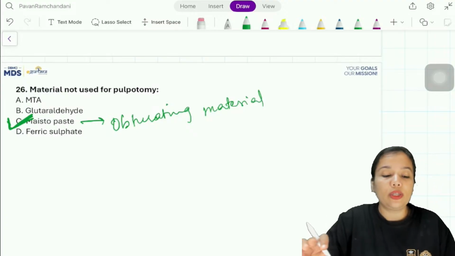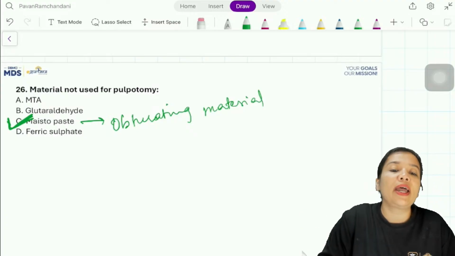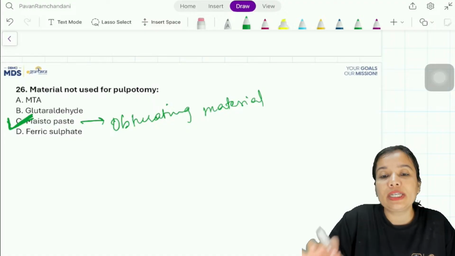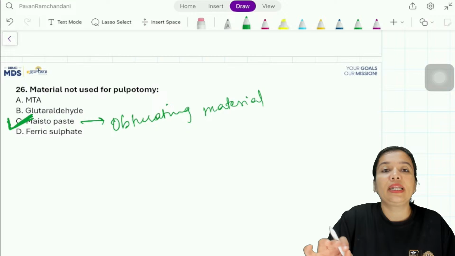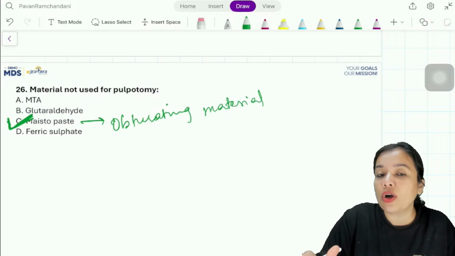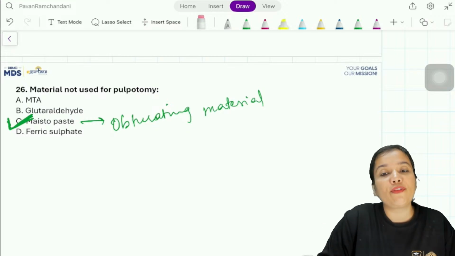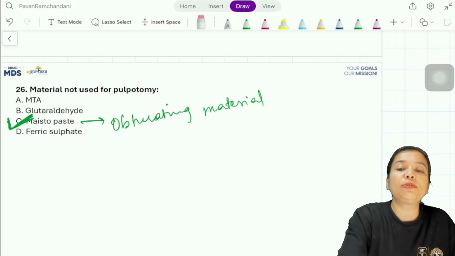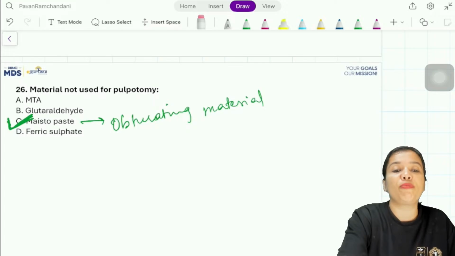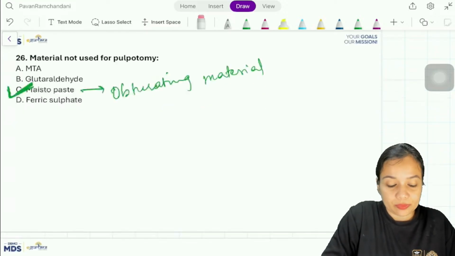You can use MTA, glutaraldehyde, ferric sulfate, all, but maisto paste is an obturating material which is used in pulpectomy. It consists of para-chlorophenol, camphor, menthol, iodoform, zinc oxide, thymol, and lanolin, and it is used as an obturating material in the root canal of primary teeth.